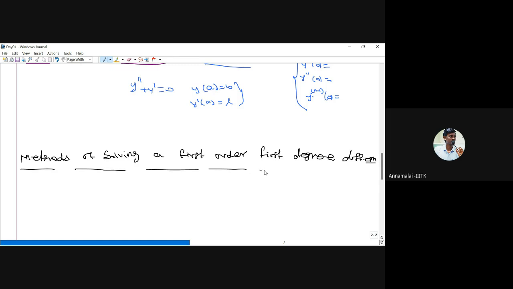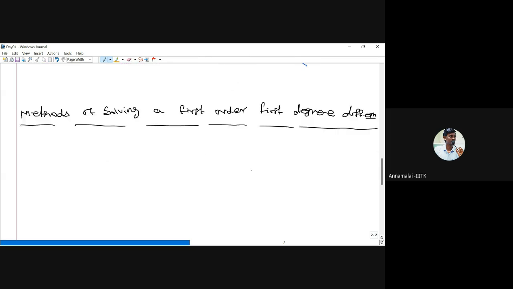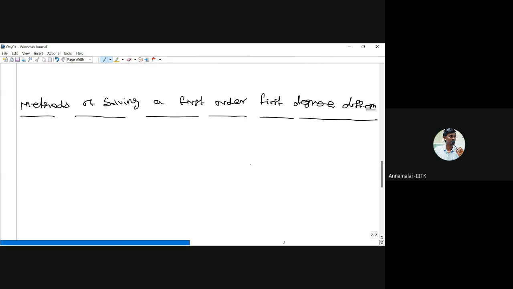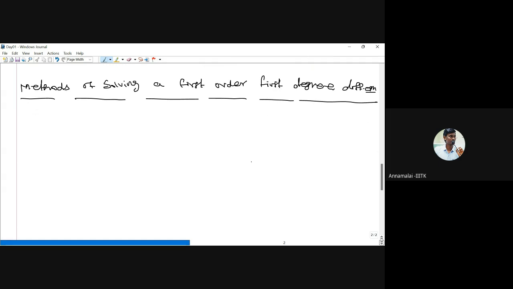Hereafter we consider a differential equation with either constant coefficient or variable coefficient. This is a standard method. The first method is variable separable. We have to separate the variables x and y, and then integrate.